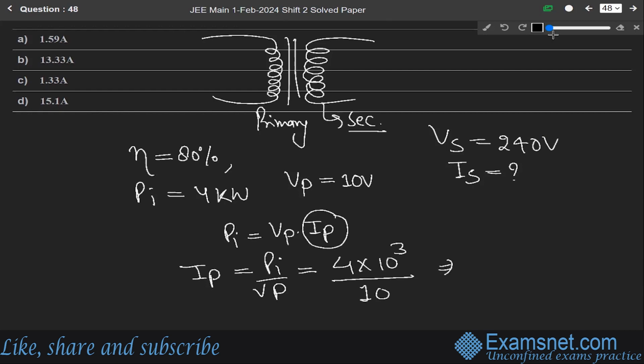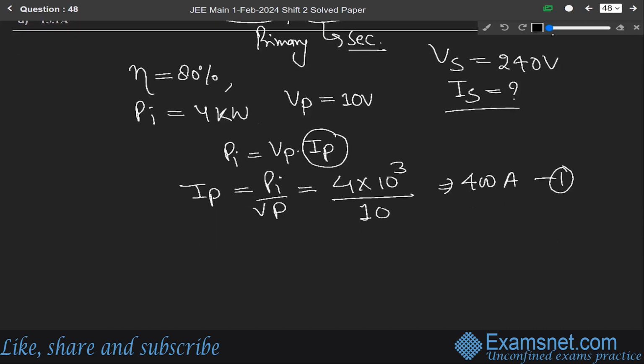So it will be equal to 400 ampere. This is equation 1. Now we have to find the current through the secondary coil using the efficiency. So eta equals IS into VS over IP into VP. So we have to find the value of IS.